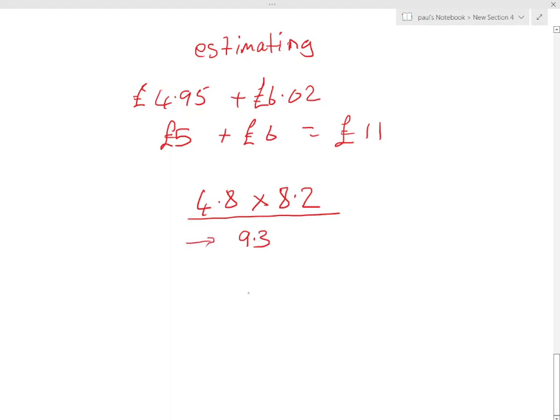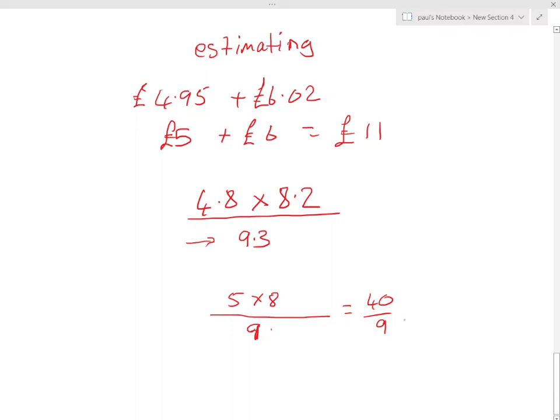If I call it 9, let's see what happens. So I'm going to go 5 times 8, which equals 40, divided by 9. Now 40 divided by 9 doesn't come out very well, does it? It just doesn't go in properly.